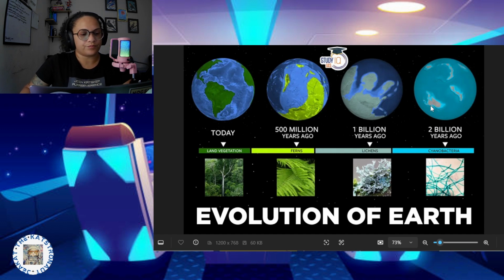Then you have the formation of more land and more organisms, and this large supercontinent got in the way of how the Earth was naturally moving the water, and it started to freeze.